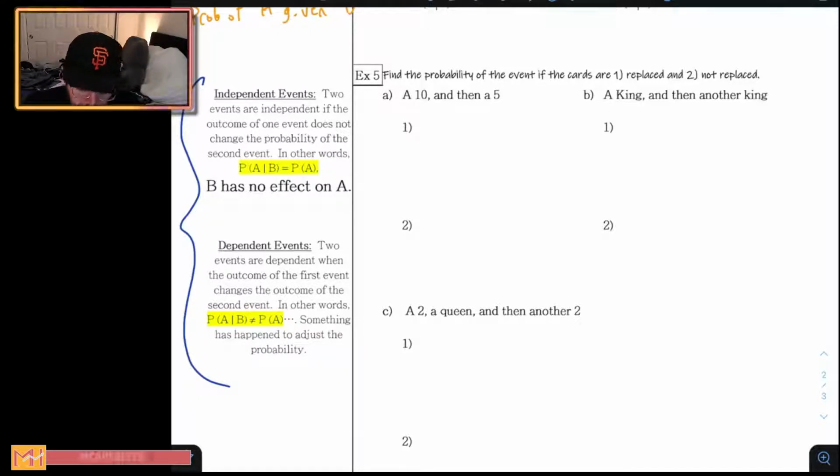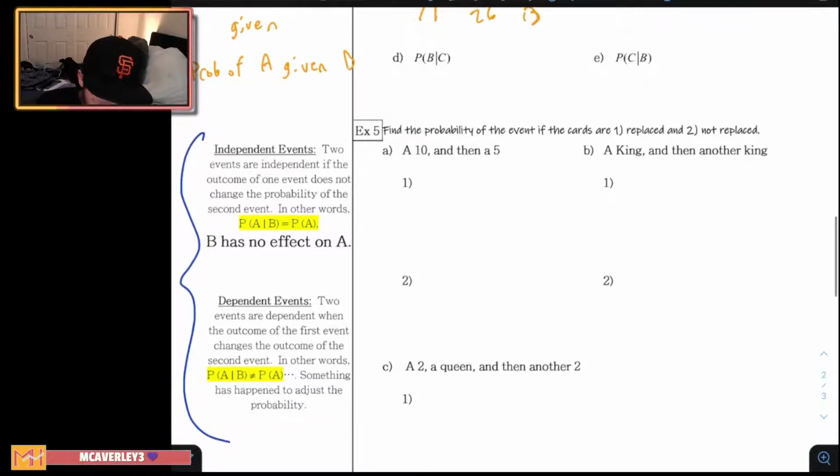So what we're doing here is we have multiple events in a row. We want to know what is the probability of getting a 10, and then you go to pick another card and it's a 5. What is the probability of that happening?